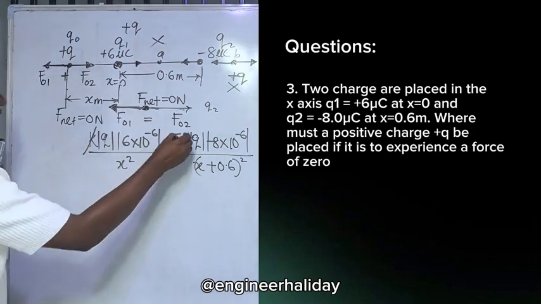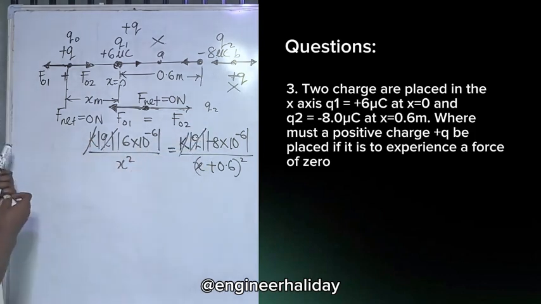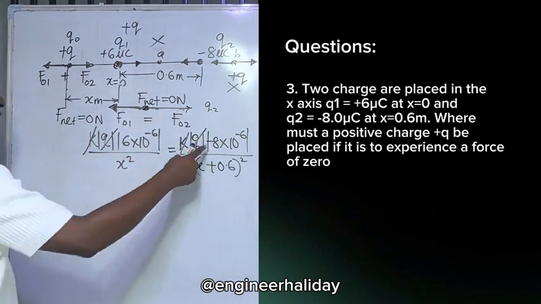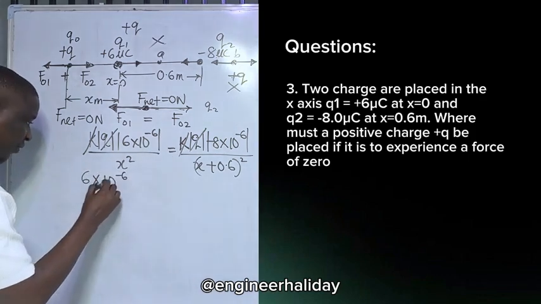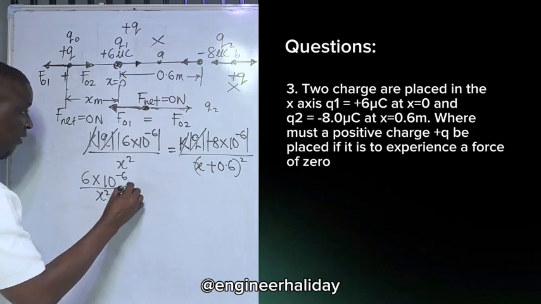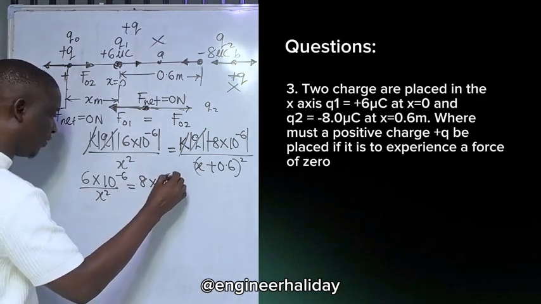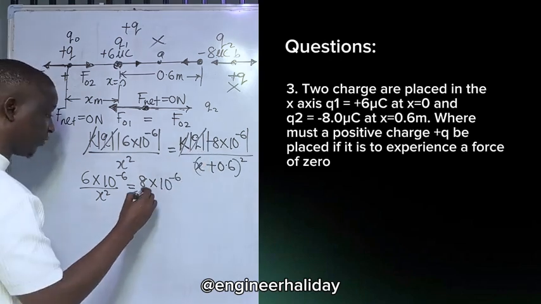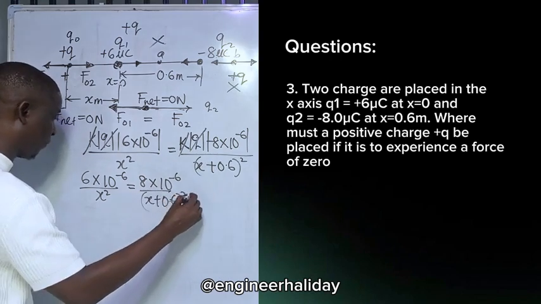Now this will eliminate this. This charge will also eliminate this charge. So what we are left with, I think this one will remain 6 times x power minus 6 over x squared equal to 8 times x power minus 6. Absolute will kill the minus sign, over x plus 0.6 all squared.